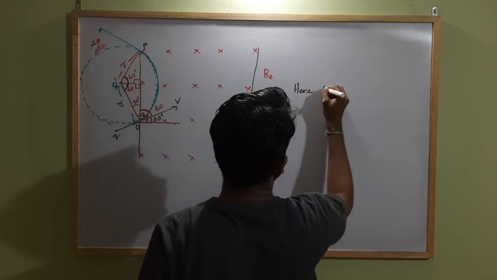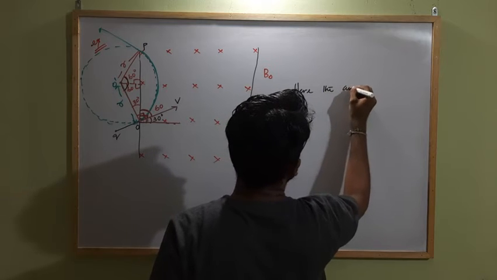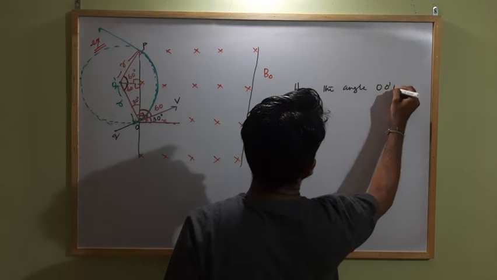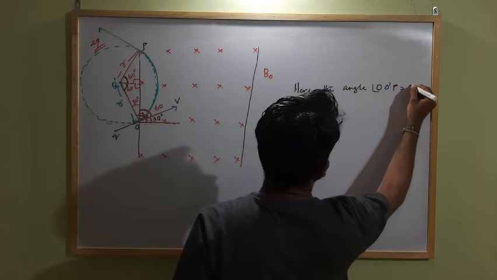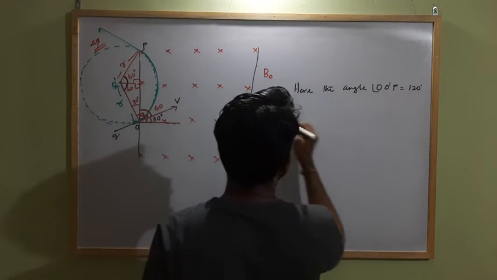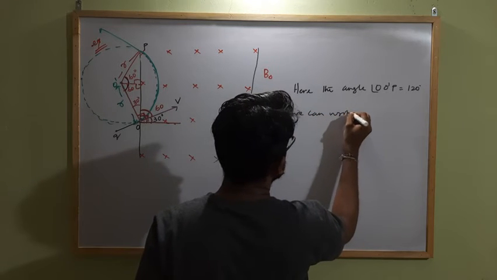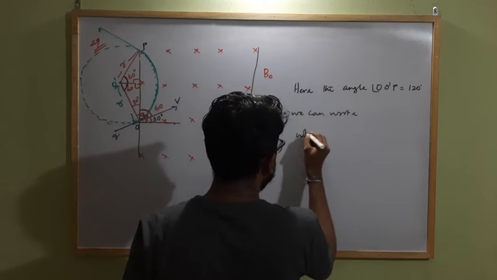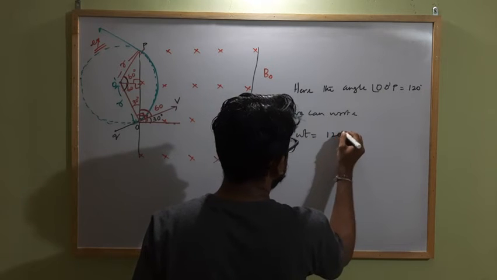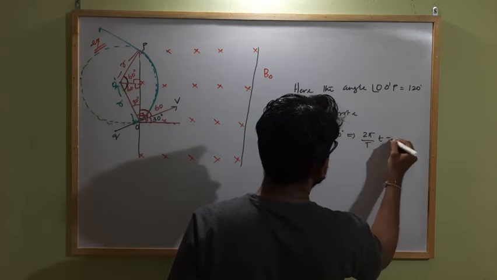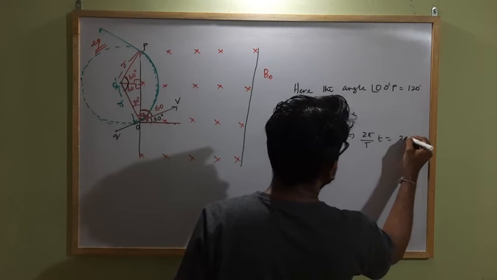Here the angle O dash P is equal to 120 degree. So we can write omega t equal to 120 degree, or this implies 2 pi by T into t equal to 2 pi by 3.